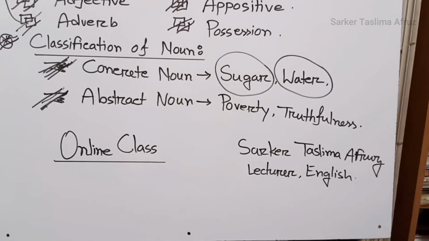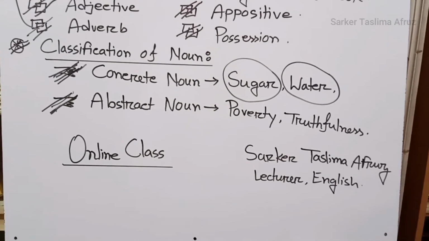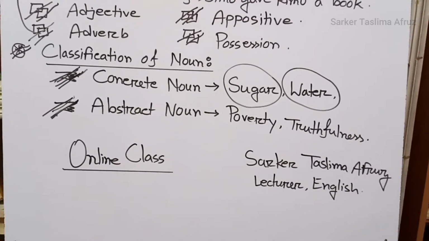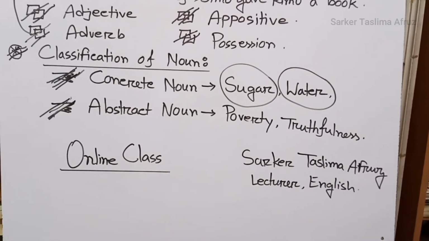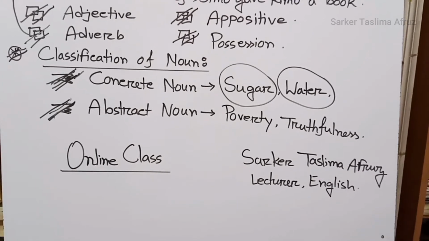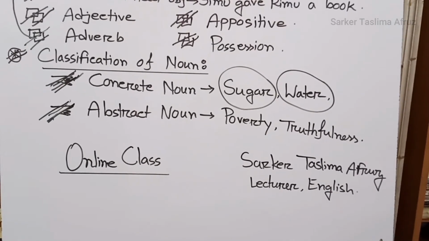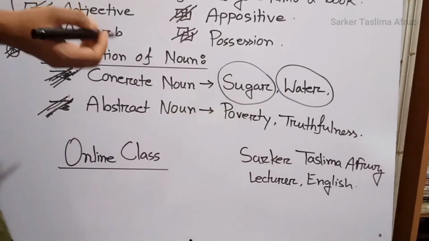They are intangible and cannot be touched, tasted, smelled, or heard, but we can feel their existence by heart. So overall we can say abstract noun has no physical existence, but we can feel it.